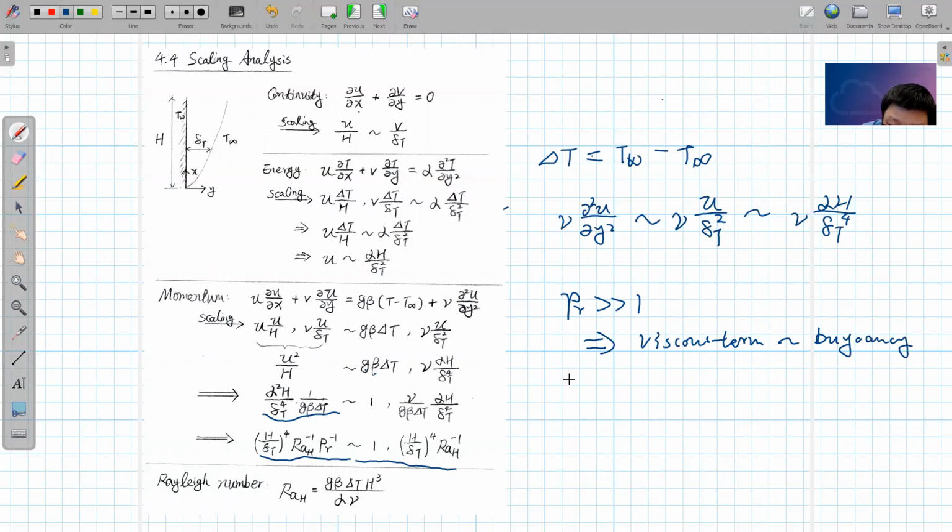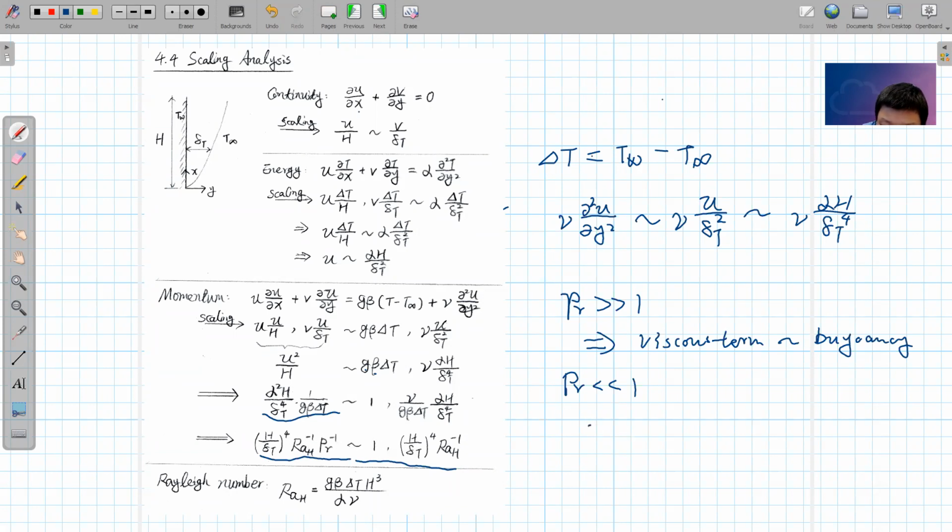And if the Prandtl number is much smaller than 1, this term will go to a very large number because it's 1 over Pr. After this term becomes very large, the only way these three terms can balance is if only the convection term has order 1.